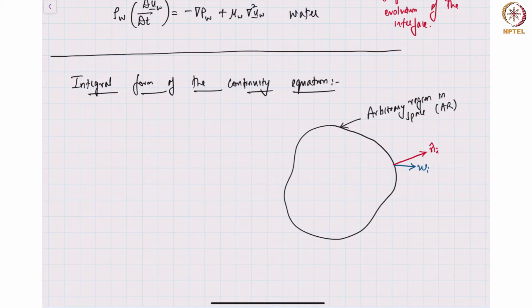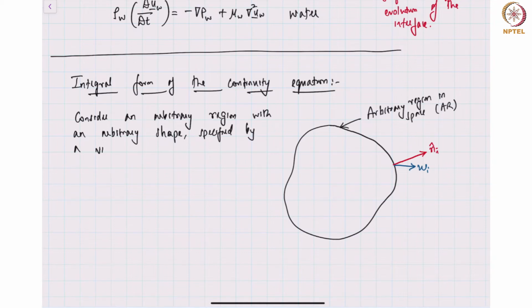Okay. So let's start with this region. Consider an arbitrary region in space, with an arbitrary shape, and velocity w_i at its boundary.